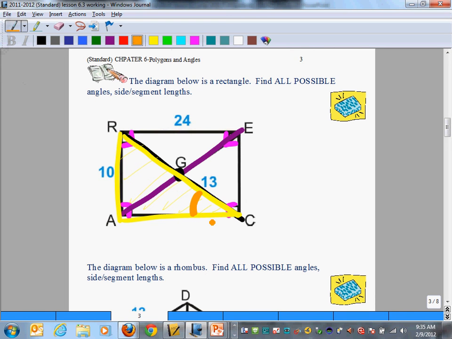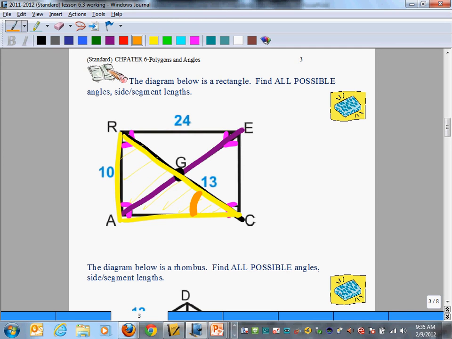It should only take you about 30 seconds to find all the sides. That's not an issue. The tricky part to this is finding that orange angle. Once you find that orange angle, find every other angle. Chandler, yes?